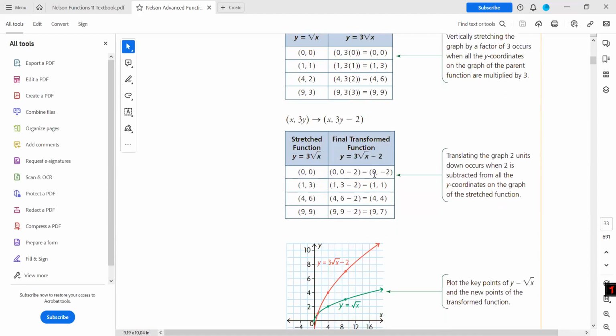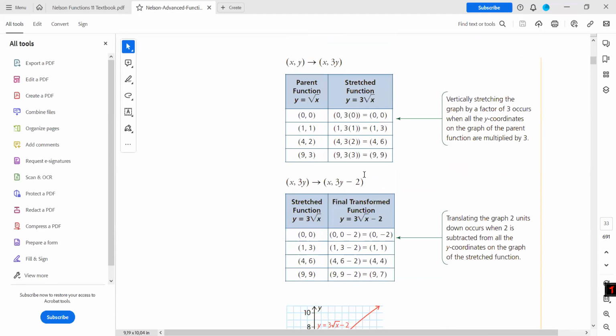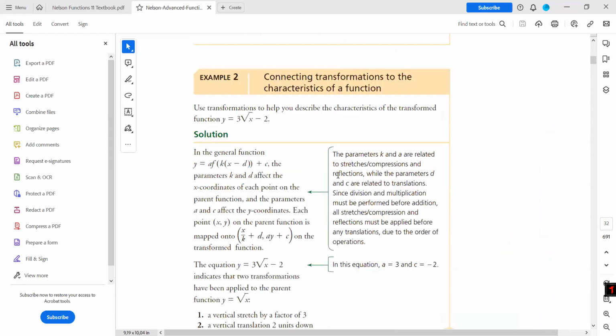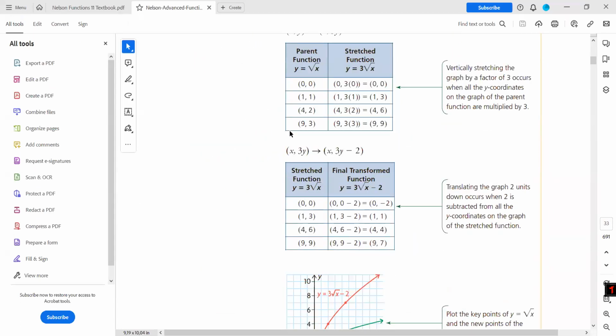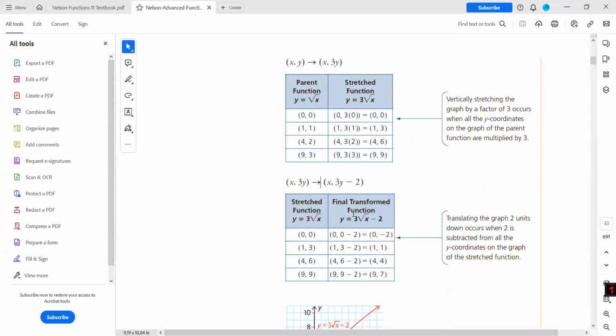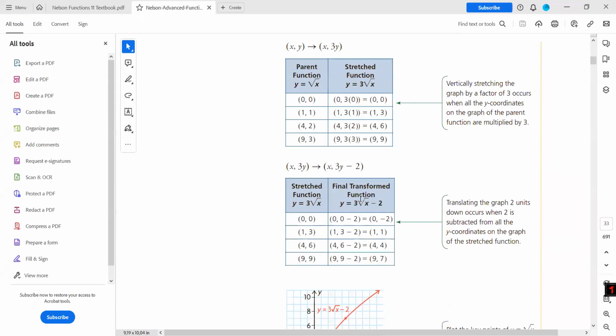Next step, after you apply the stretches, all stretches that you have, in this particular example we have only one, a multiple of 3, only then you apply your translations. And translations are applied pretty much the same way.